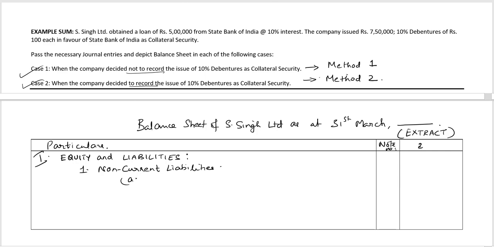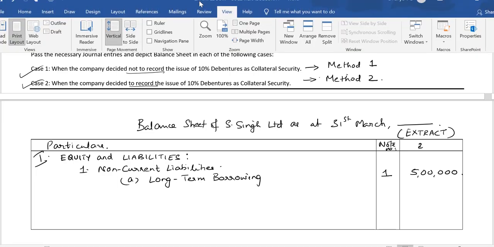Under that, A is long-term borrowing. The amount of the loan which is borrowed against note 1 is rupees 5 lakh. So the balance sheet is also done.